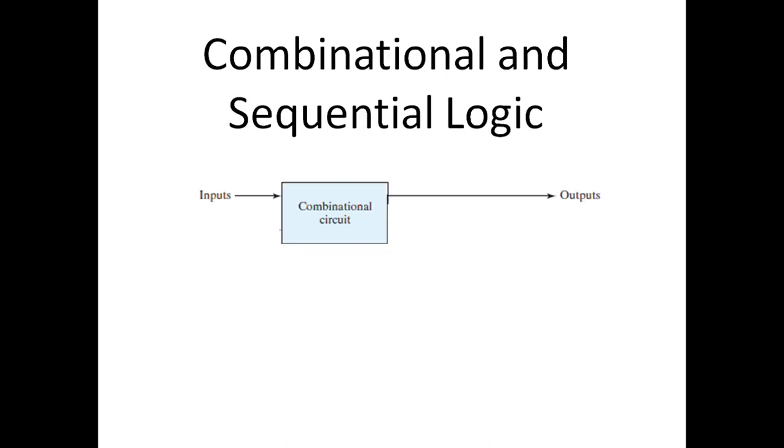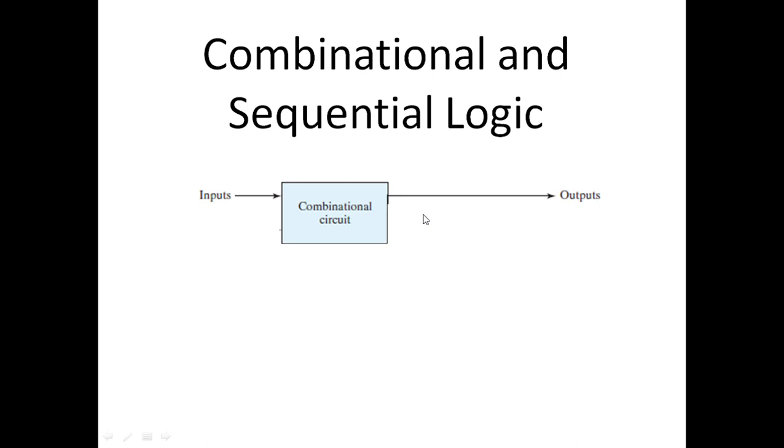In digital logic design, circuits are normally designed using two different types of logic. One is combinational logic and the other is sequential logic. In combinational logic, a combinational circuit is designed using a set of logic gates, and it gets an n-bit input and produces an m-bit output.